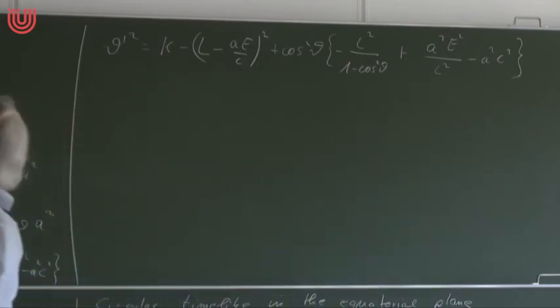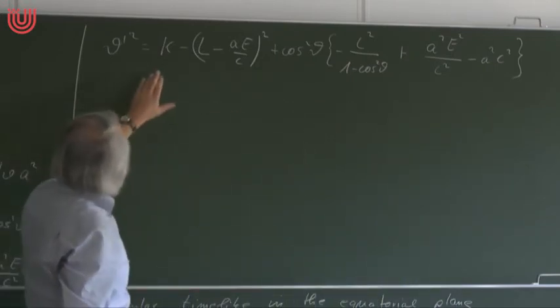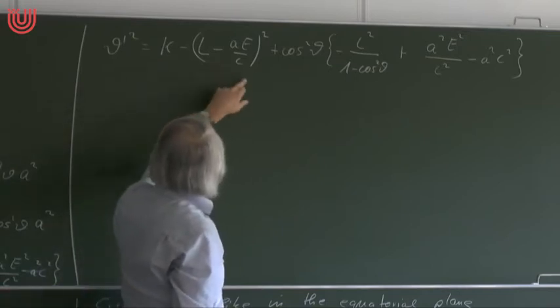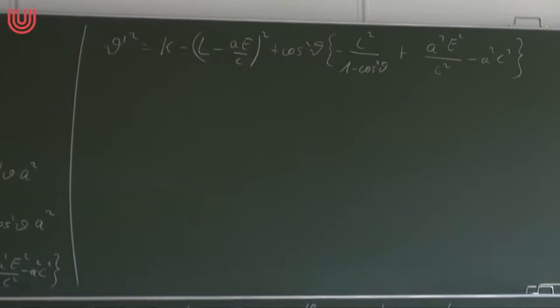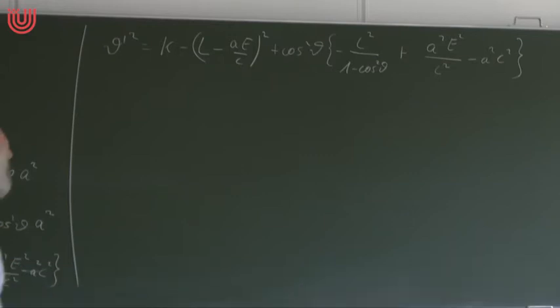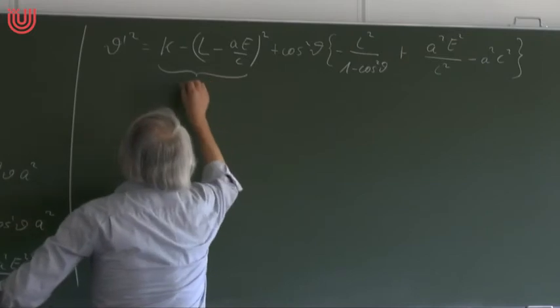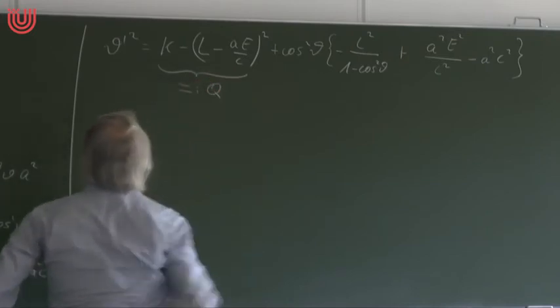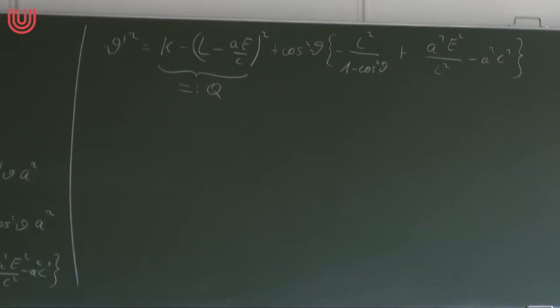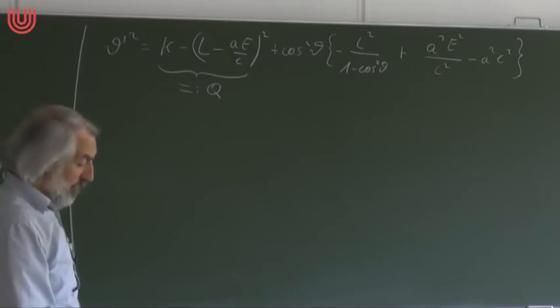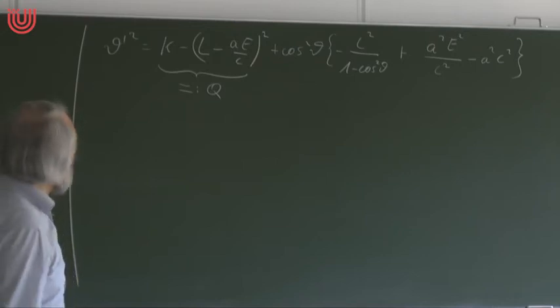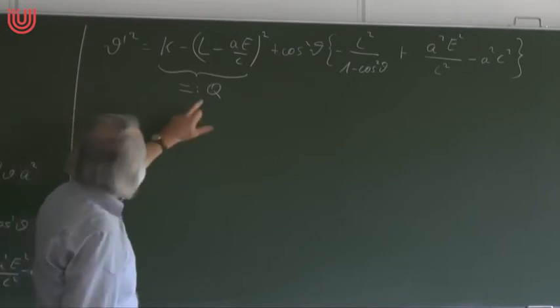Okay. And here we have a combination of our Carter constant with the other two constants of motion, which very, very often occurs when one is doing calculations with geodesics in the Kerr space-time, and it's common to abbreviate this by Q. And well, we are working with the constants of motion epsilon, L, E, and K. But you can equally well work with the constants of motion epsilon, E, L, and Q. They contain exactly the same information, and many people do this.